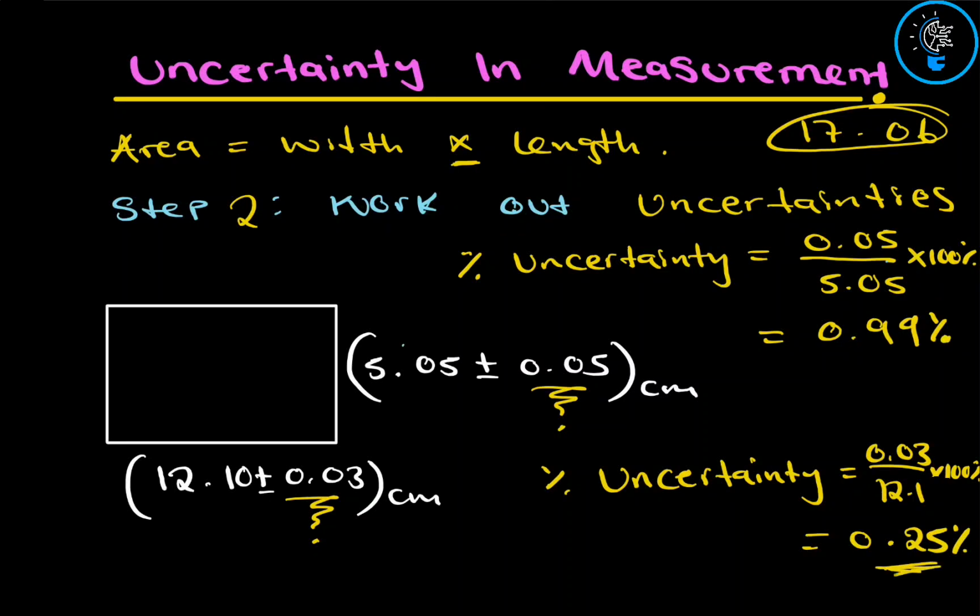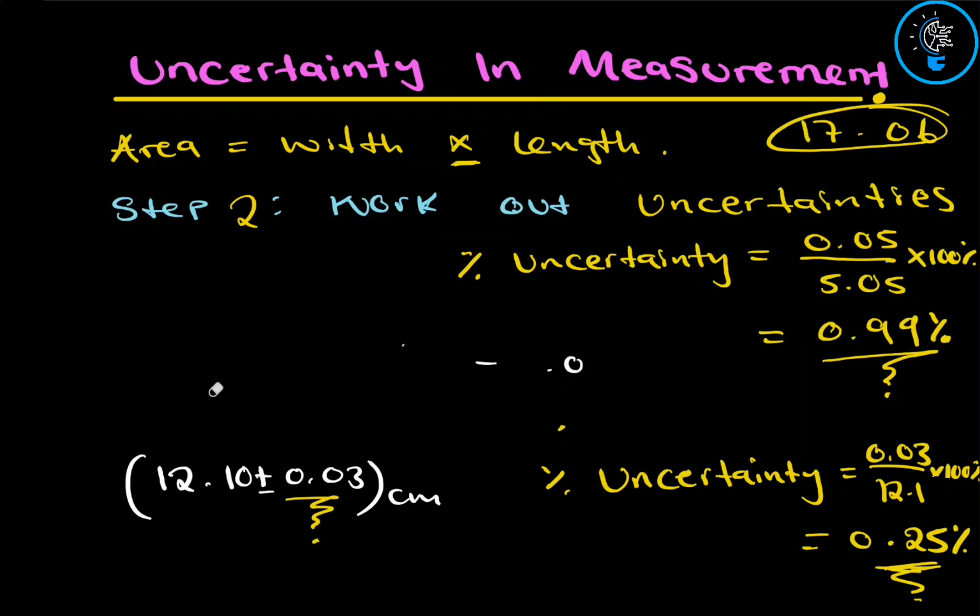Okay, so now we have these two values. What we need to do now is add them. Yeah, we need to add them. So now we can get rid of this part.